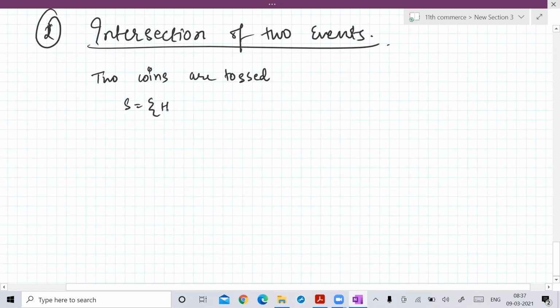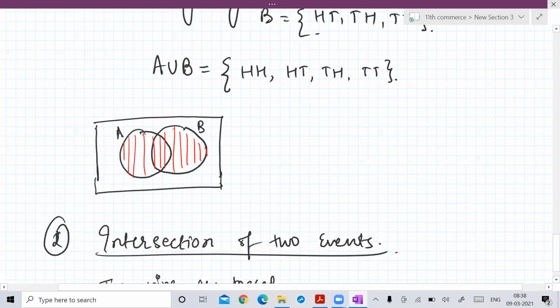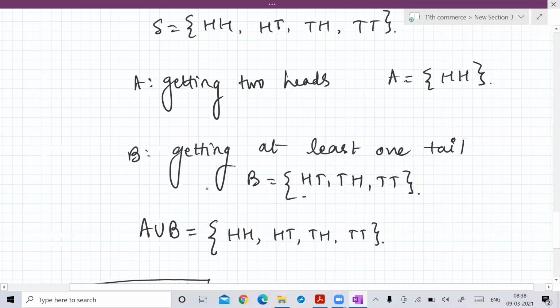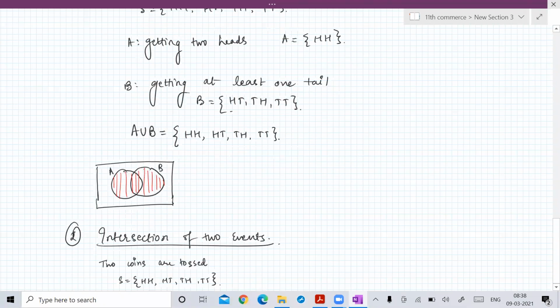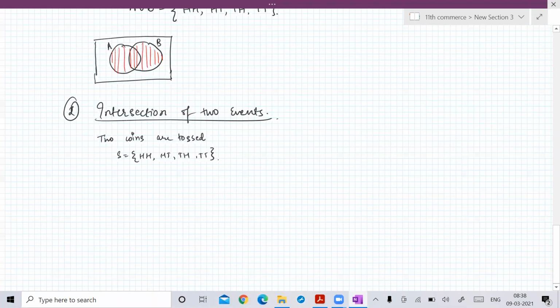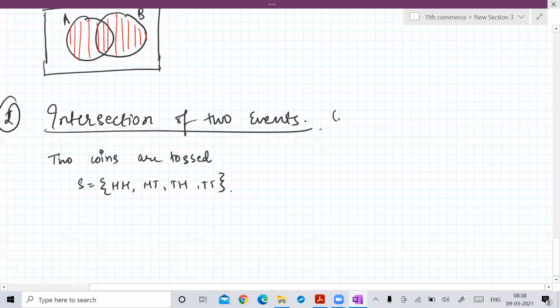The sample space is HH, HT, TH and TT. Union means all the sample points will be covered: whatever is an element of A will be included in A union B, and whatever is an element of B will also be included. So in case of intersection, we take the common part.